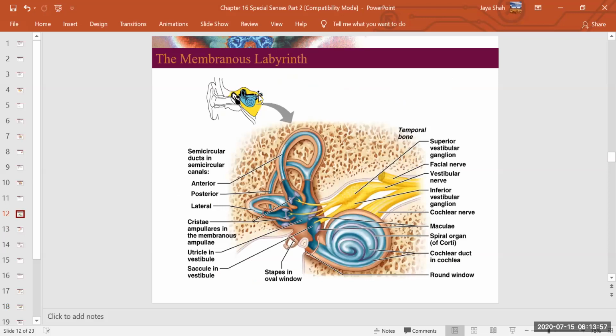Okay, so here is the cochlea. Let me draw it.